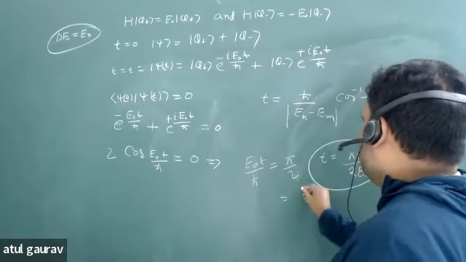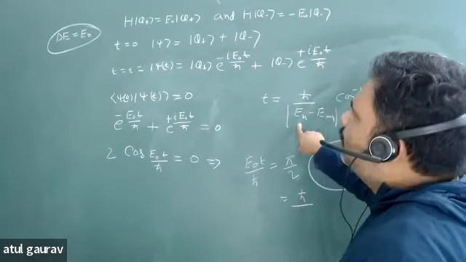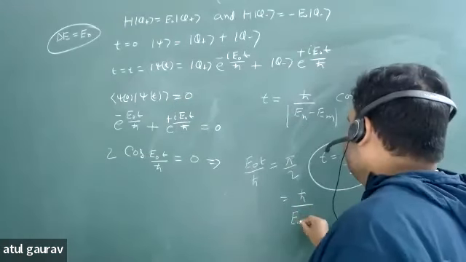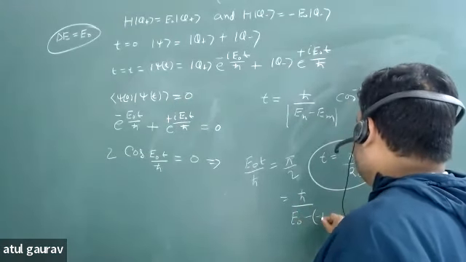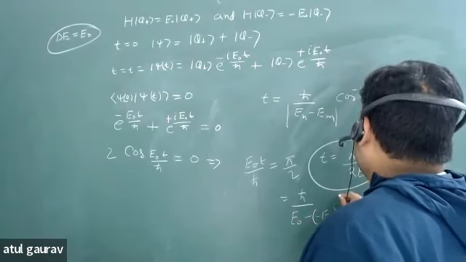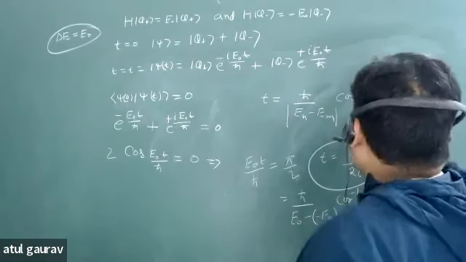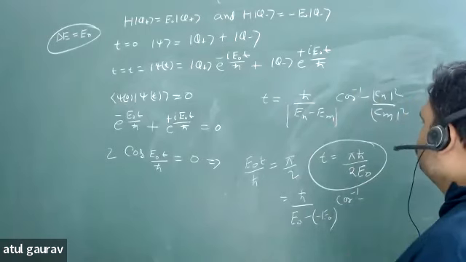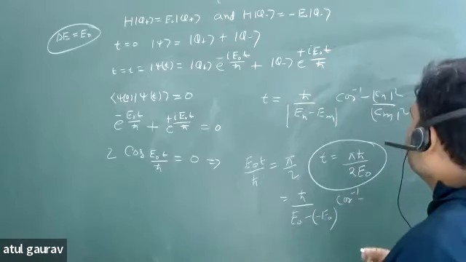What is this value of h cut? What is En? You can assume E naught is your En. Minus Em is nothing but minus E naught. Cos inverse. What is your Cn square? 1.